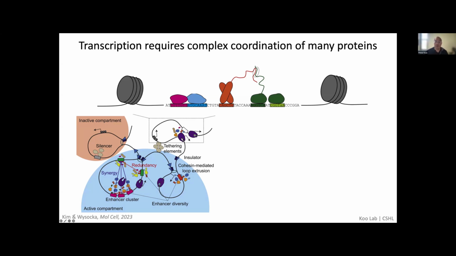For transcription to occur, specific proteins must bind to the DNA and make the region accessible, creating cis-regulatory elements such as enhancers and promoters. But it's not just about one cis-regulatory element. Multiple cis-regulatory elements interact over long distances to control which gene is expressed. This ensures that the right genes are turned on and off at the right time, enabling cells to differentiate, respond to signals, or maintain normal function.